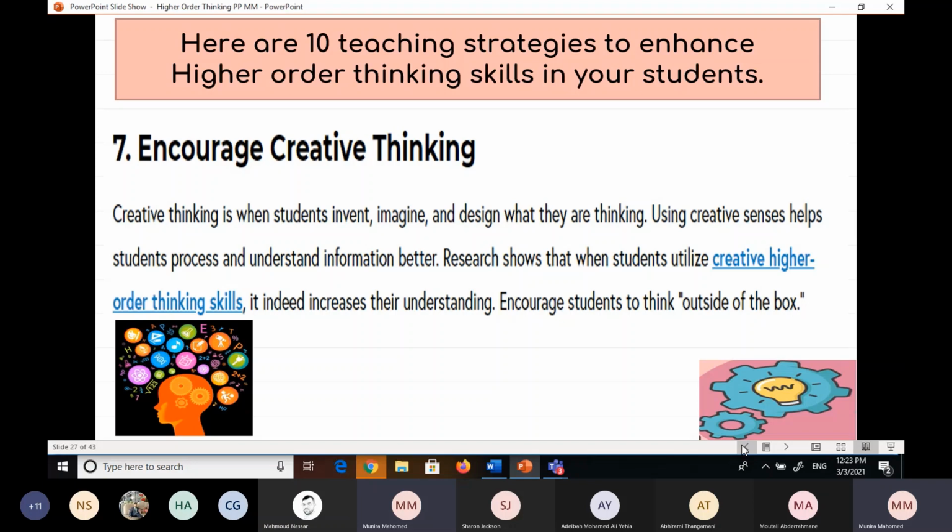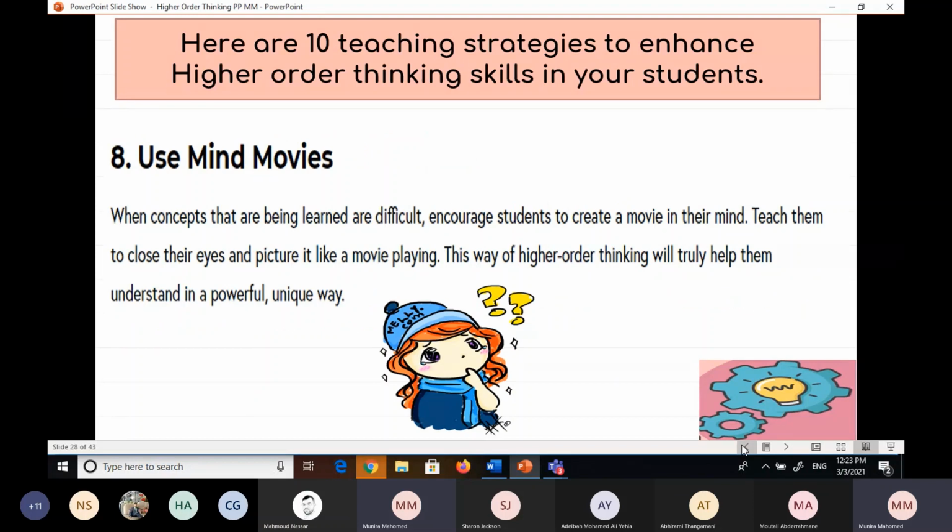We can do this too. Whatever is taught in the class is not cut in stone, so you can extend this and give them that confidence to think that what they have created, what they've imagined in their heads, is actually something that's going to be very useful in class as well. So we need to encourage this creative thinking for them.